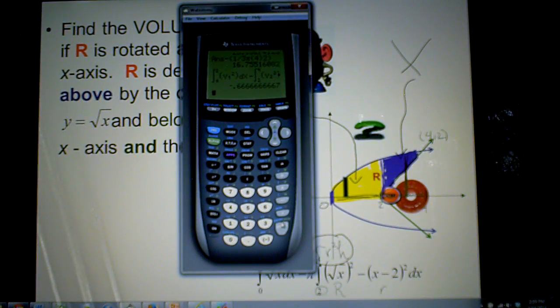Uh-oh. Must have done something wrong there. Root x squared. Oh, duh.